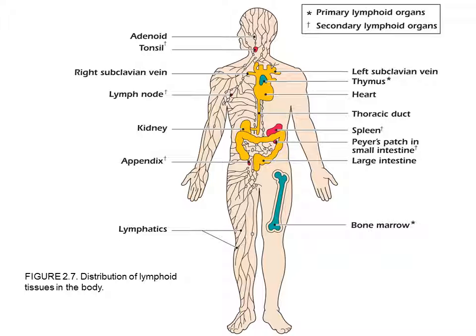The significance of the thoracic duct is that it picks up lymphatics, and your fat is absorbed in lymphatics.